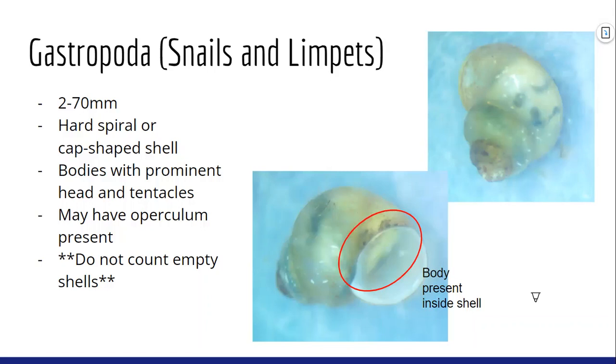They may also have an operculum present, which is a hard flat sheet that's almost like a trap door that covers the opening of the shell. But remember, if there's nothing inside of the gastropod or snail, you do not count it towards your tally.